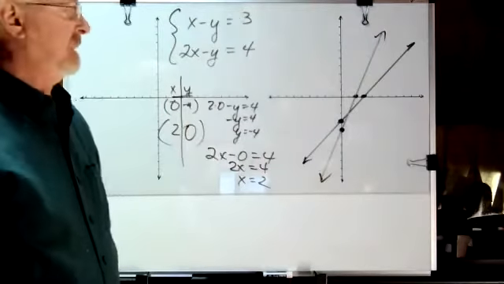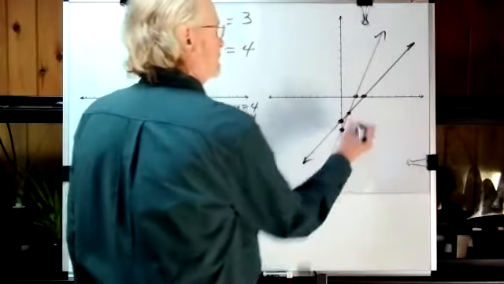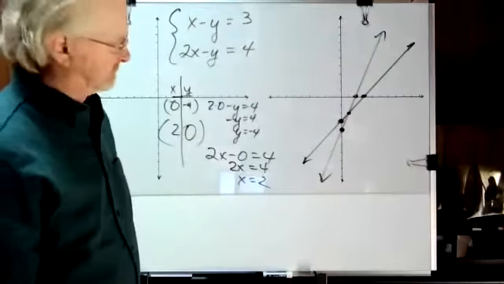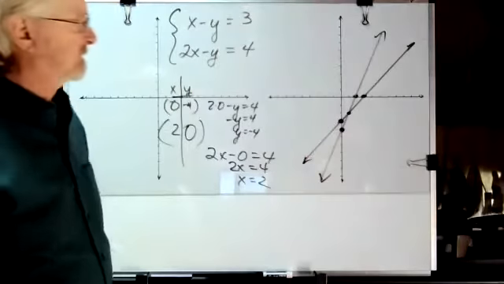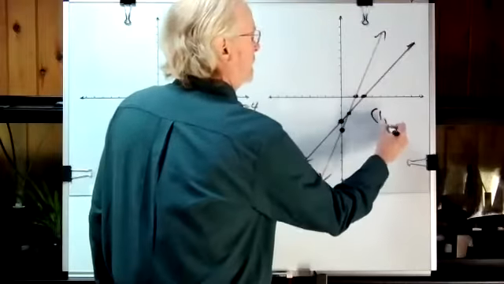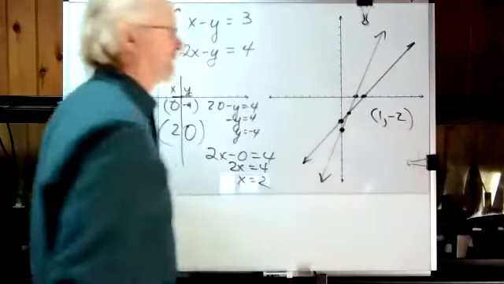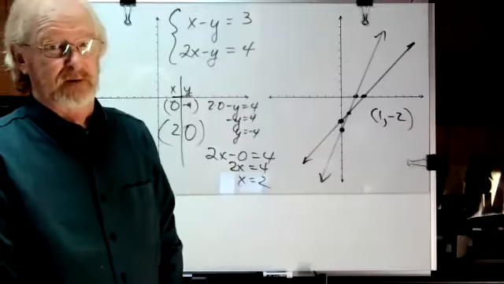Where do those 2 lines cross? This is a solution to both equations. It's a point on both lines, right? Well, now I just have to read the graph. And it looks like I went over 1 and down 2. 1, -2. I could always verify that if I wasn't sure.